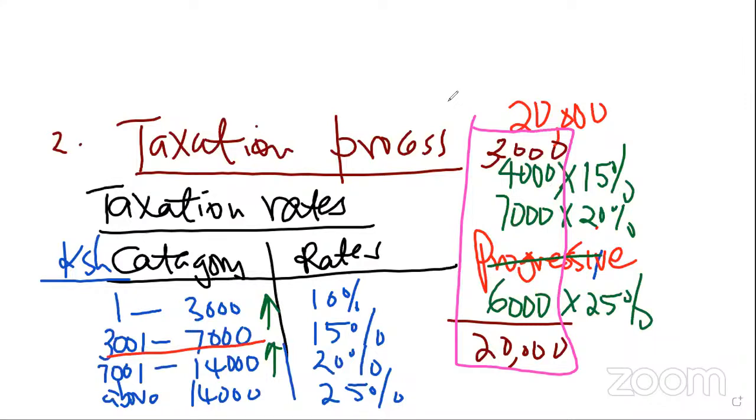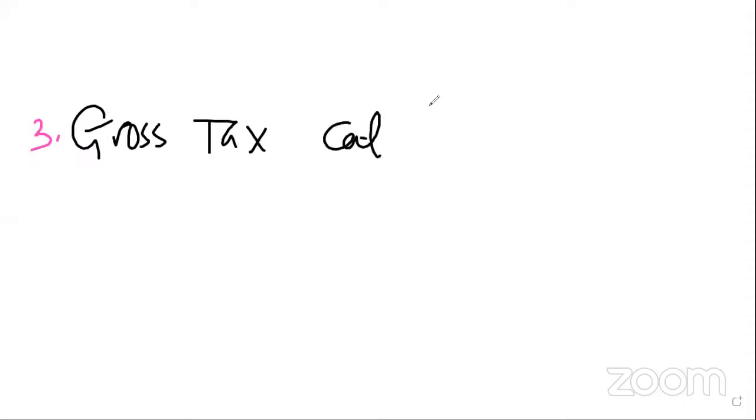Once we now complete that taxation, what we get is what we call the gross tax, number 3. Definition number 3, gross tax. So remember, we are the category here, and we add the tax here.